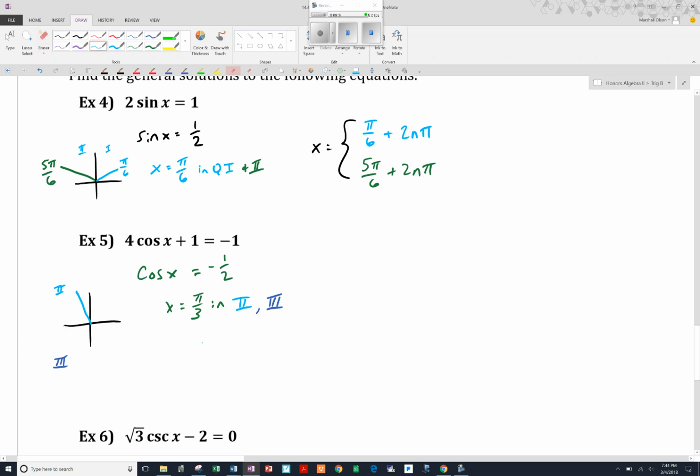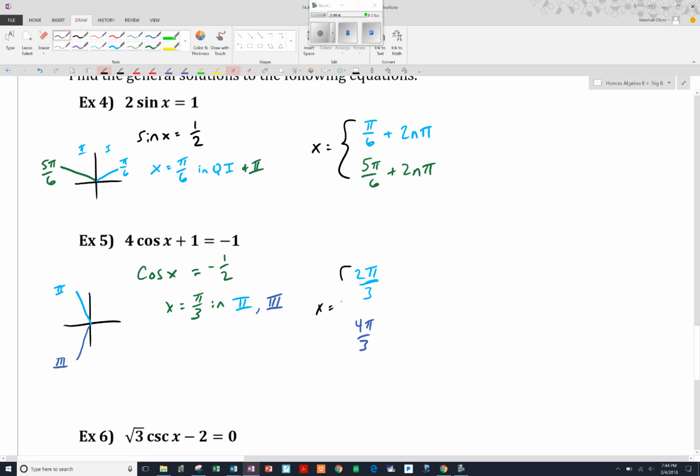That'd be 2 pi over 3. And if we are in the third quadrant, reference angle of pi over 3, we're pi over 3 past pi, so we're at 4 pi over 3. Those are our two answers there.